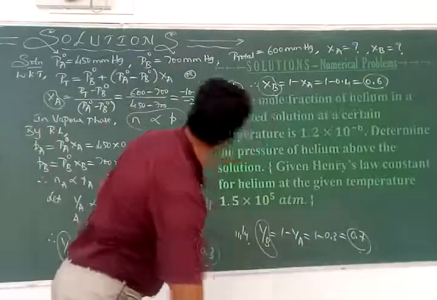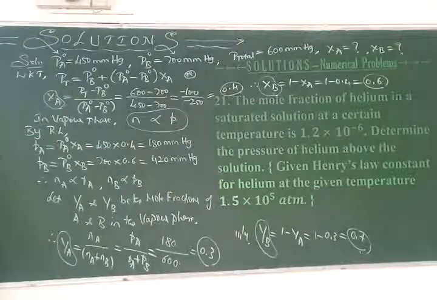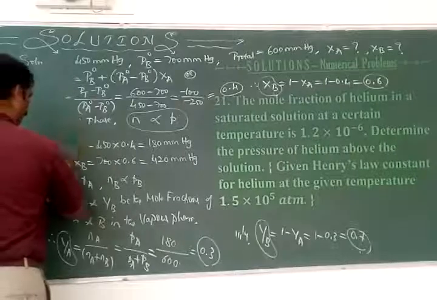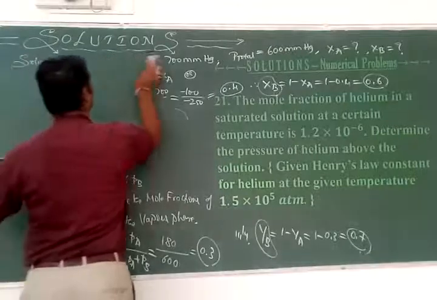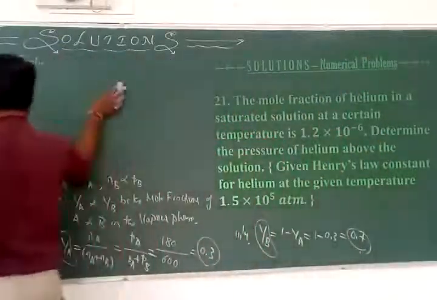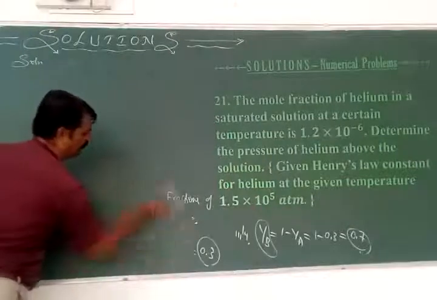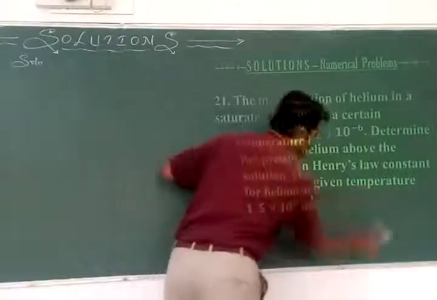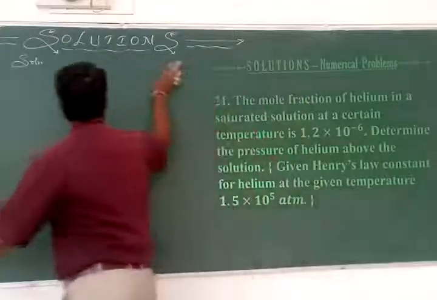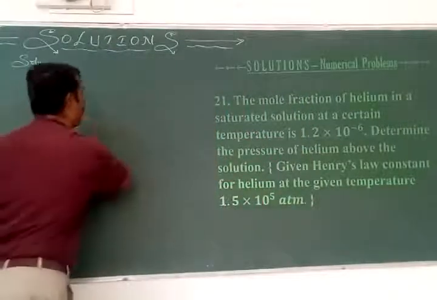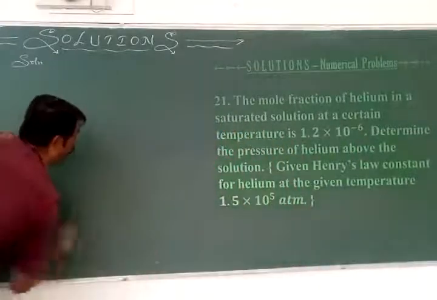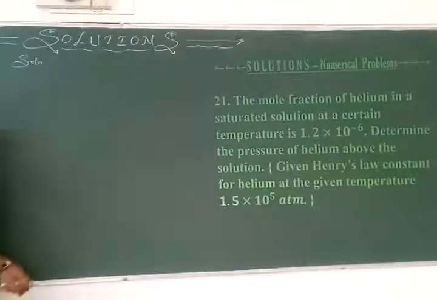Okay. So that is about the numerical number 20. Next we will have the 21st. So now we will move on to numerical number 21.